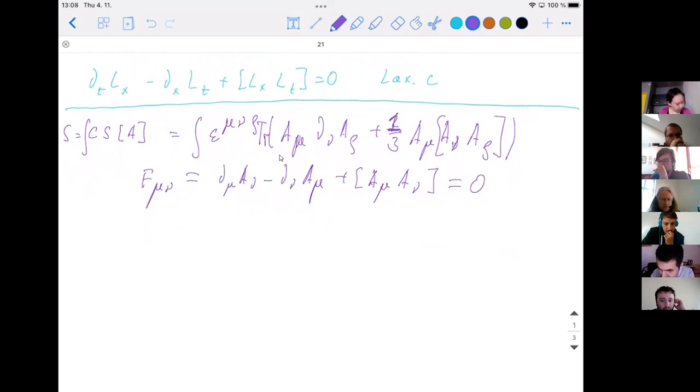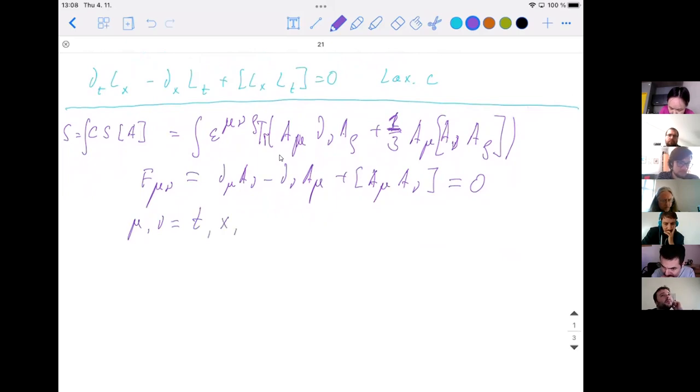But here the manifold is in three dimensions. So let's call this third dimension something like that.